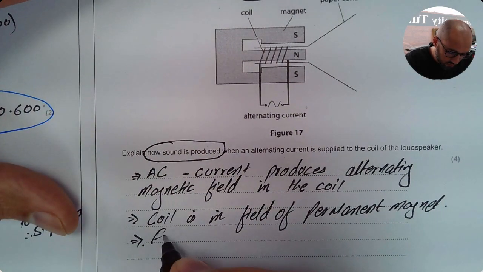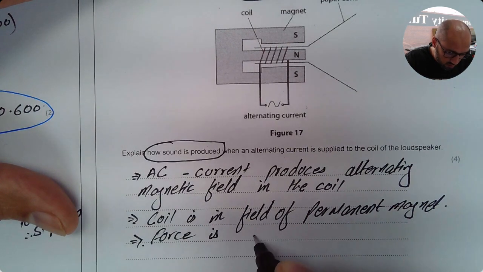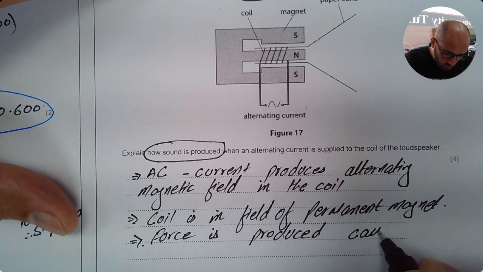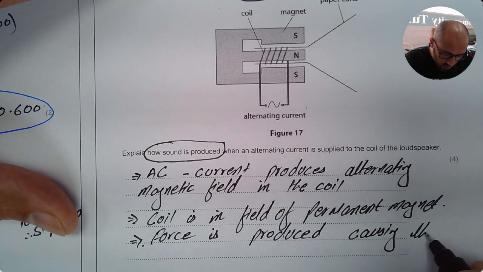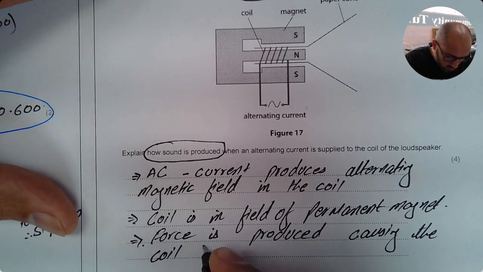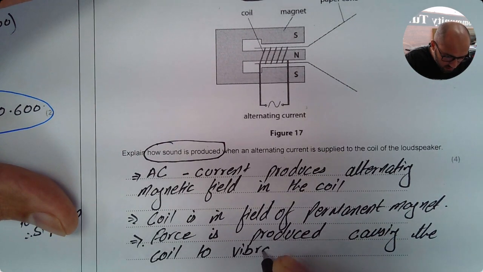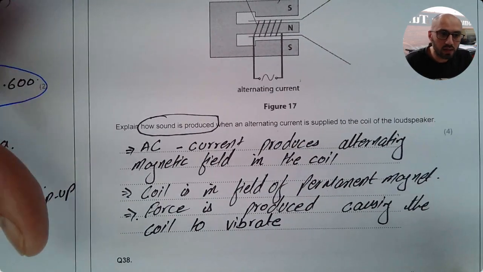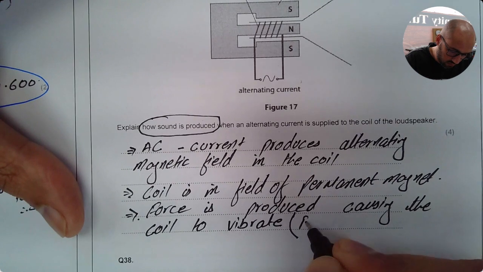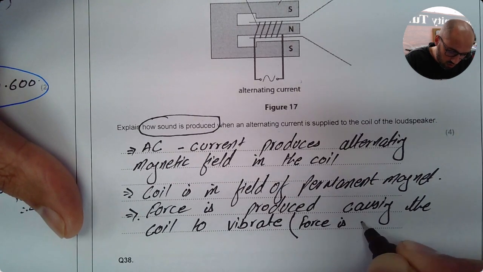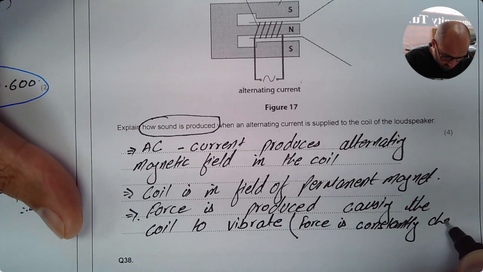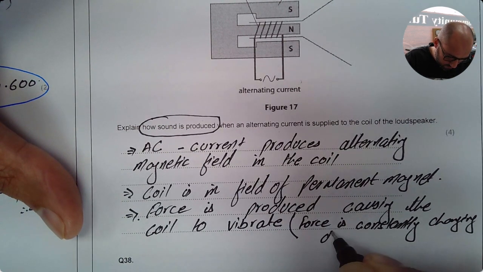I can then say force is produced causing the coil to vibrate. Why will it cause it to vibrate? Because this force will be alternating. Why? Because the force is constantly changing direction.